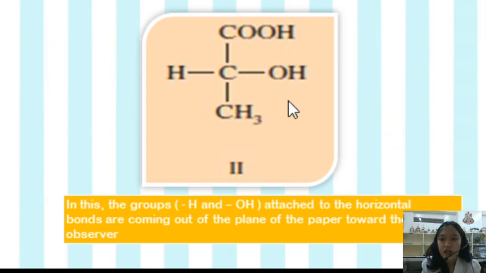Okay, so ito. In your structure number 2, the groups hydrogen and hydroxide attached to the horizontal bonds are coming out of the plane of the paper towards the observer. So, tandaan.